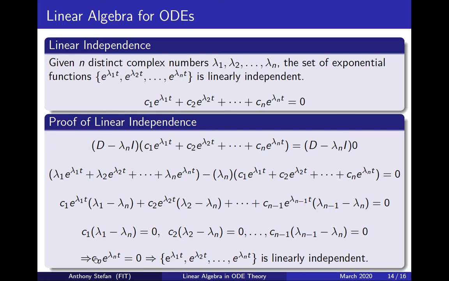This has to be true because the exponential function cannot equal 0, so Cn must be 0. So this implies that every element in this set is linearly independent, by induction.